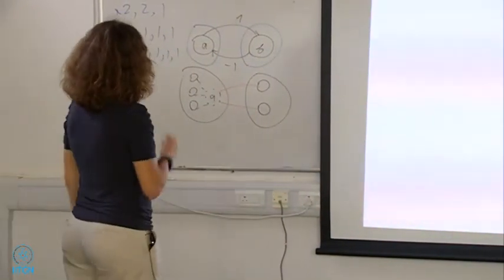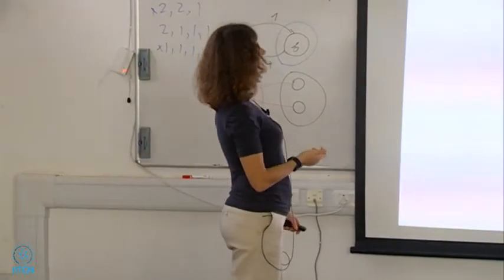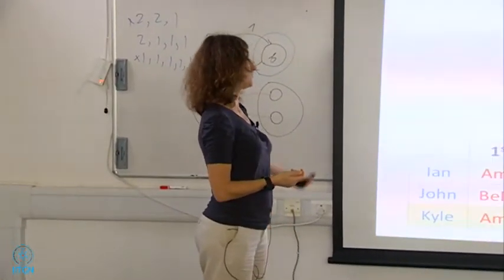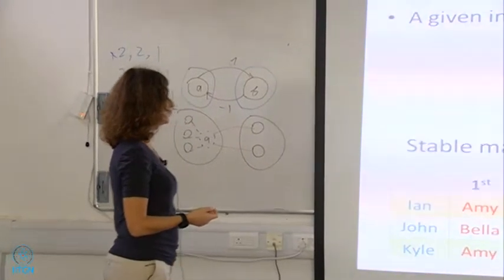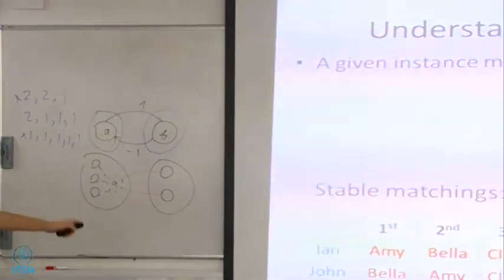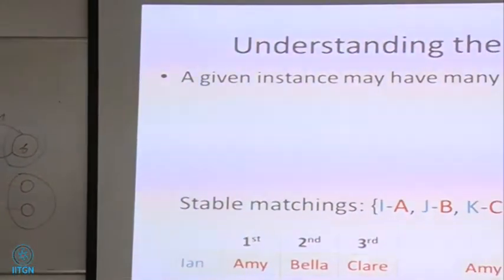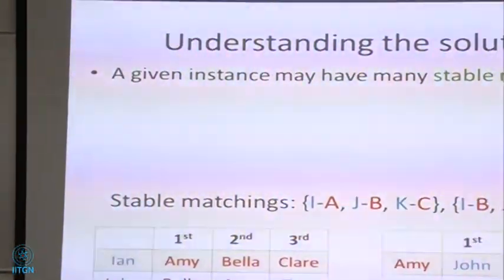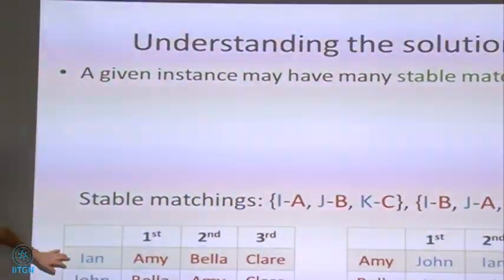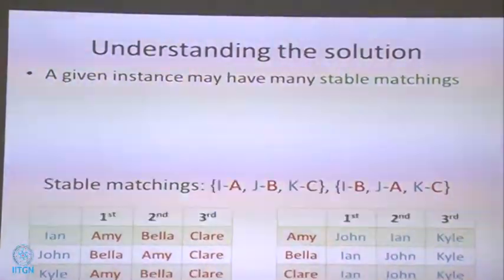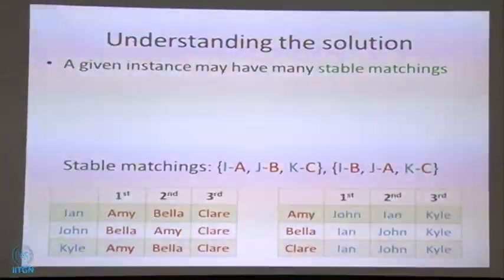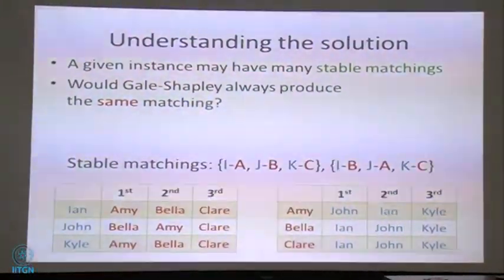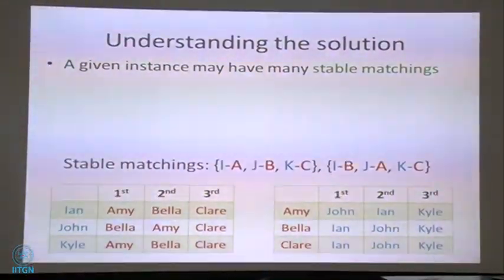Well, a given instance may have many stable matchings. So let's look at our initial example. One stable matching here would be to match Ian to Amy, John to Bella, and Kyle to Claire. So two guys get their most preferred match, Kyle gets his worst option. The other possibility would be to match Ian to Bella, John to Amy, Kyle to Claire again.